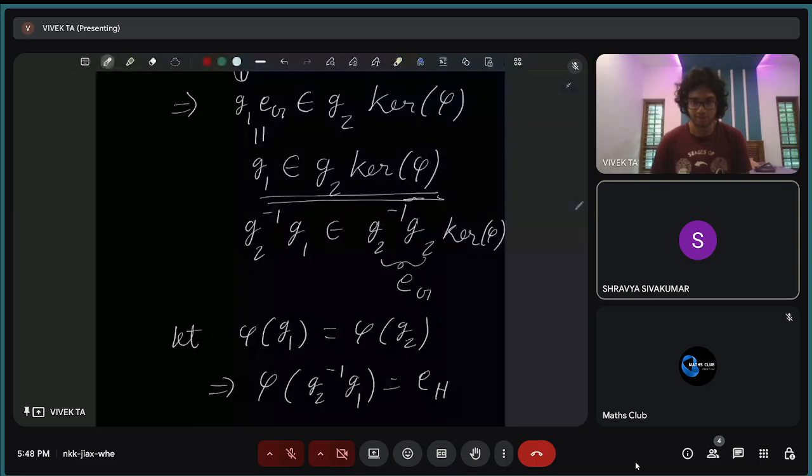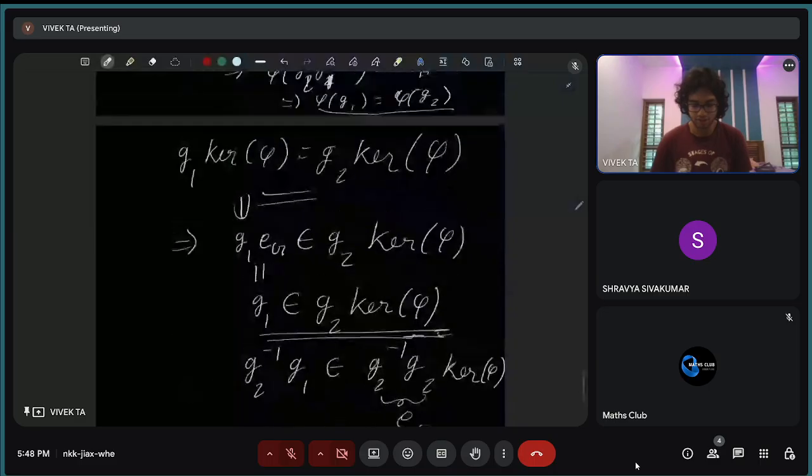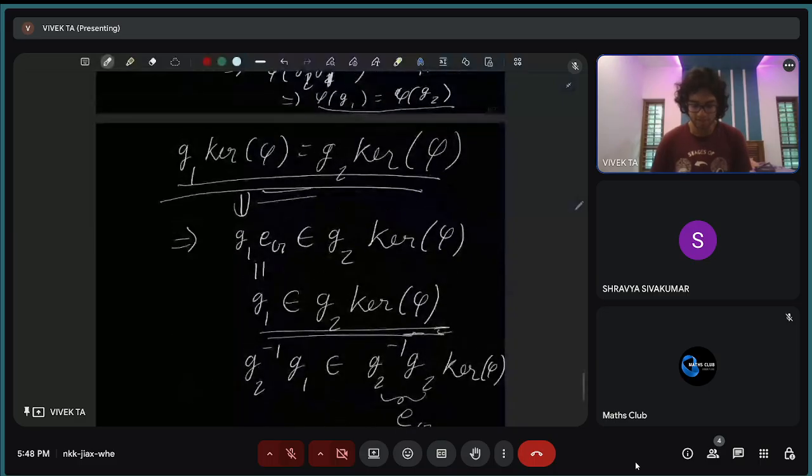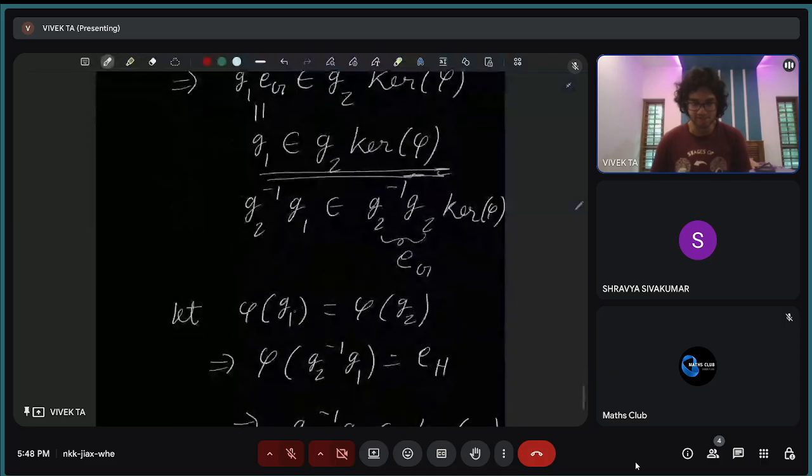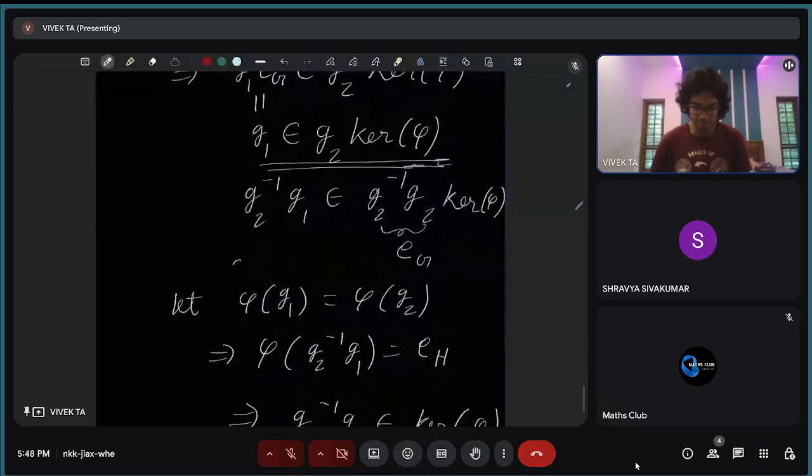If you arrive here, you go back to this thing. But that would imply the two elements. What is this? This by definition is phi of the element g1 kernel phi equals phi of the element g2 kernel phi.